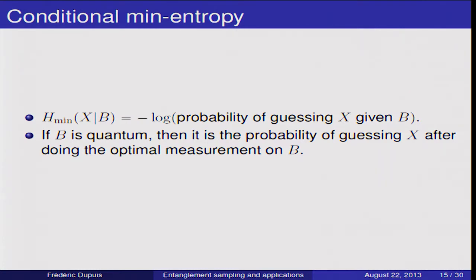And if b is quantum, this definition still makes sense. It's going to be the probability of guessing x after doing the optimal measurement on b. So you look at your system, do the best possible measurement you can do, and then try to guess based on that. So that's going to be our definition of this.